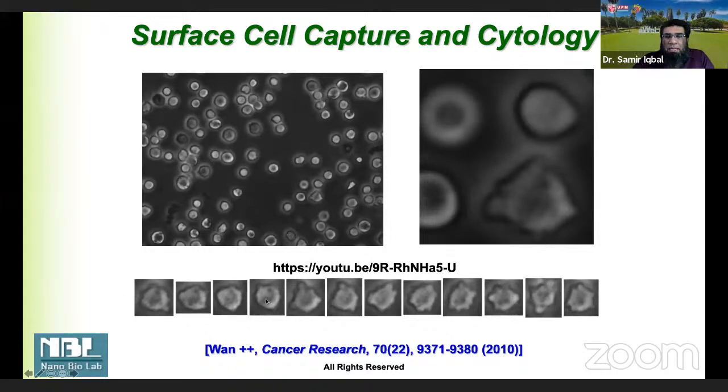The lower picture is showing one cell, with images taken about every 30 seconds. And what you can see is that the cell is continuously changing. This is something we found a few years ago that can be used as a detection modality for a cell, especially metastatic tumor cells.